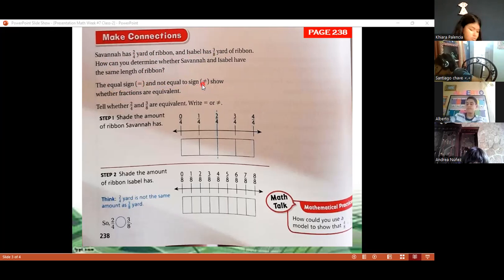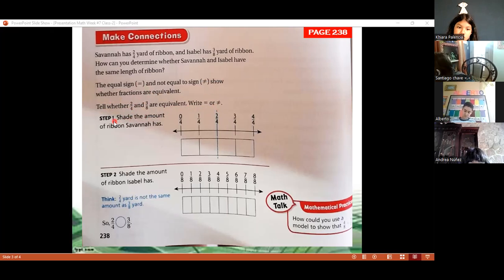It's to put another line here, like show whether fractions are equivalent. So we're going to identify if they are equivalent, if they have the same amount or not. So tell whether 2 out of 4, that is the amount for Savannah, and 3 out of 8, that is for Isabel, are equivalent. We're going to write equal or not equal sign.